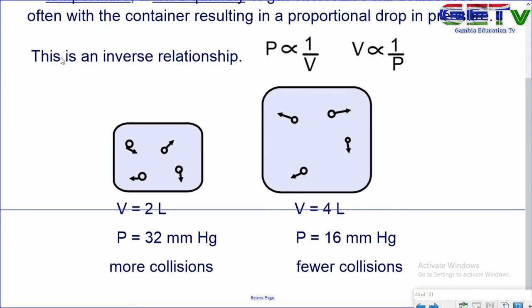But look at what happens to P. P is decreasing. Whatever factor V increases by, P will decrease by the same factor. So if you look at the difference between 2 and 4, V has increased by a factor of 2, and then P has decreased by a factor of 2. And then we'll expect fewer collisions where V is 4.